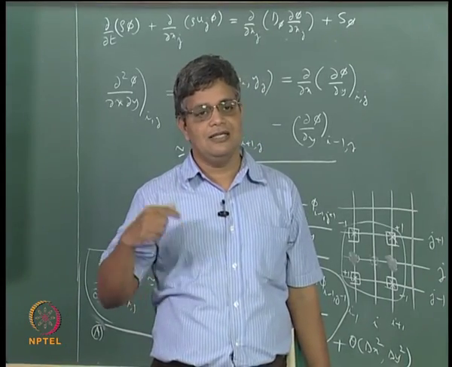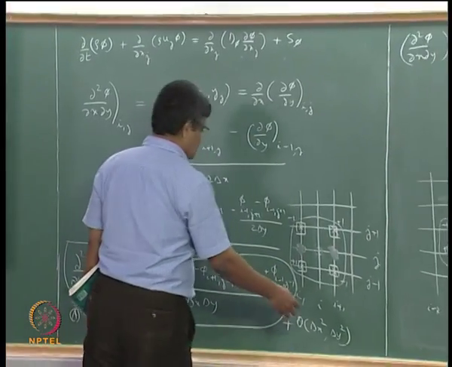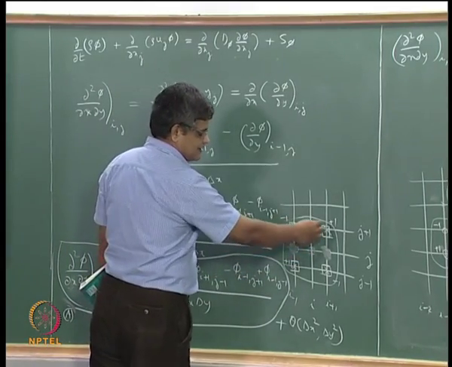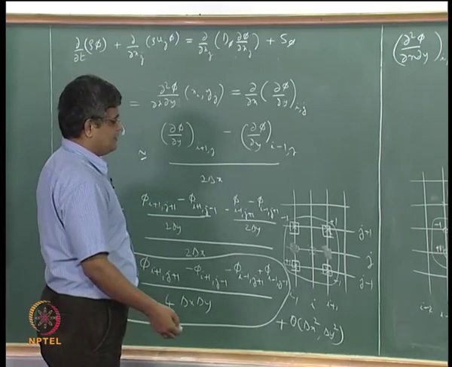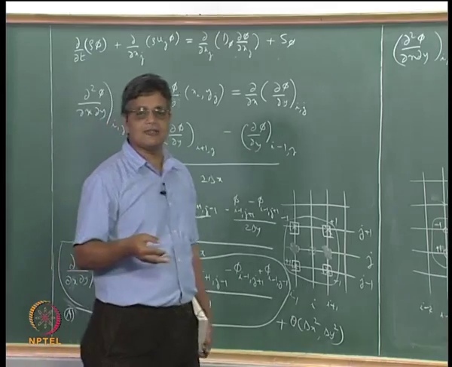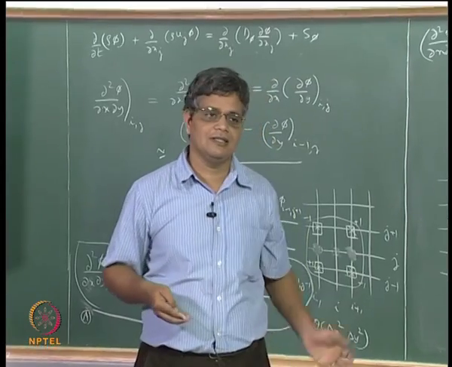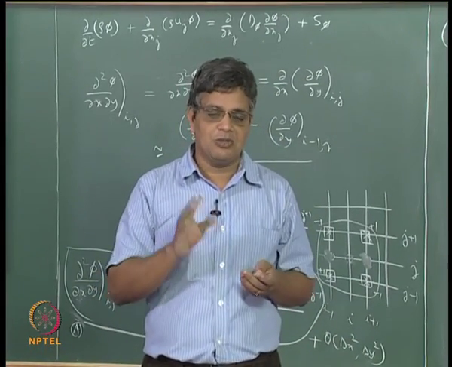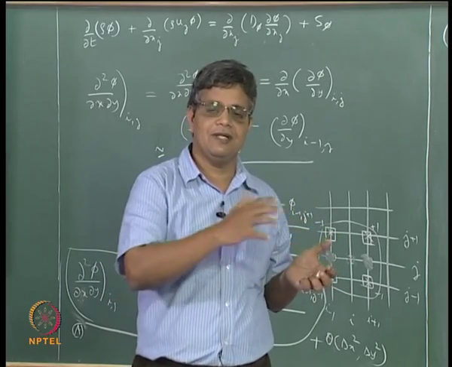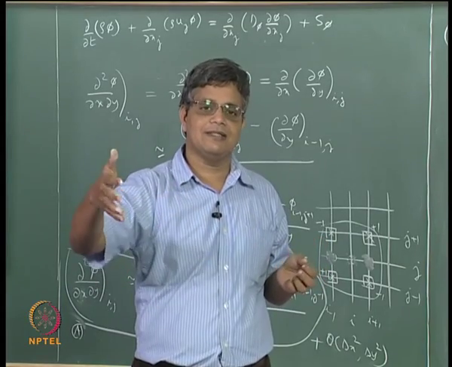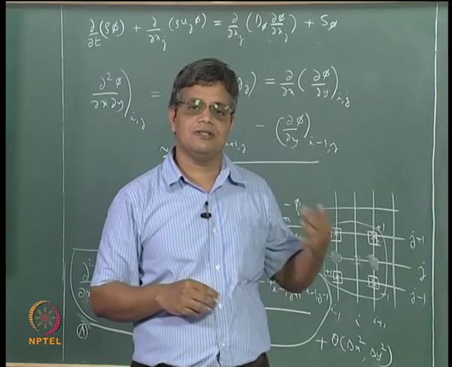So we have to use something like a deferred correction method in which the contribution from all the off-diagonal terms is put onto the right hand side, into the b side of the equation, so that we can preserve the diagonal dominance of the matrix A. We will discuss this in more detail later on, but what we want to say is that the moment you put some of the phi terms from the left hand side, that is A phi equal to b, into the right hand side, that is into b, then you lose the rate of convergence of the iterative method.